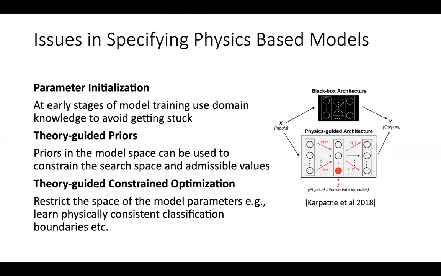Another way to do that is to also define what are admissible values, and that can also guide the optimization direction. And you can even further constrain the optimization problem by defining physically consistent classification boundaries.